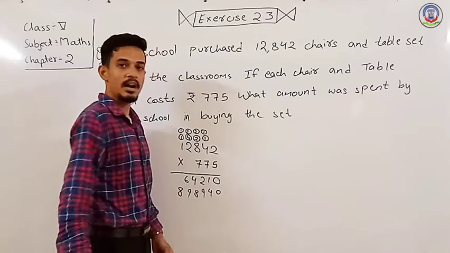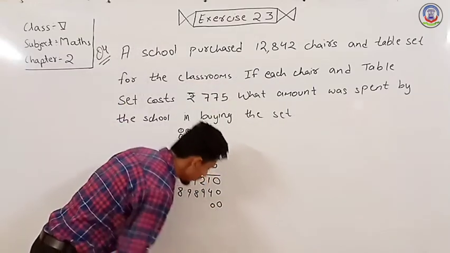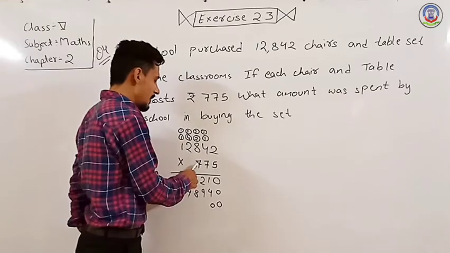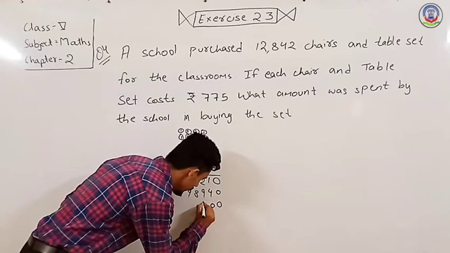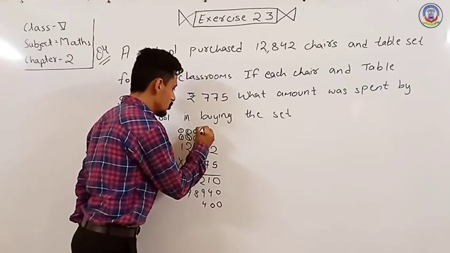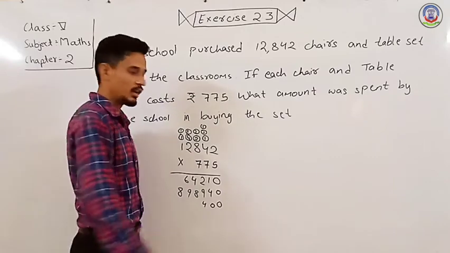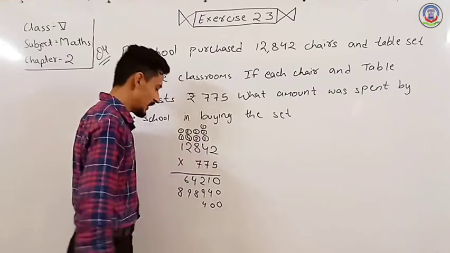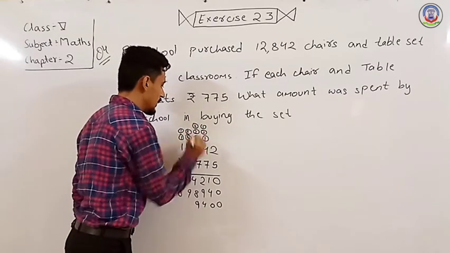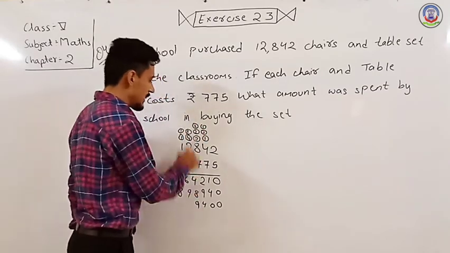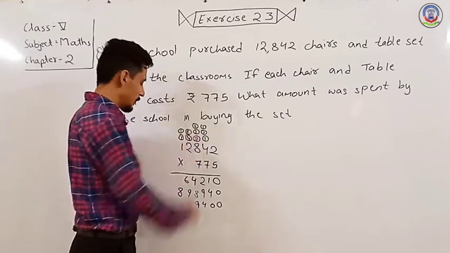So in this way we have to multiply by this 7. But this is in hundreds place, so we put 2 0 at the right. Now we start multiply. 7 multiply 2, it is 14. So we write 4 here and 1 goes to carry. Next we have 7 multiply 4, 28. When we add 1 to it, it is 29. So we write 9 here and 2 goes to carry. Next we have 7 multiply 8, it is 56. 56 added 2 is 58.